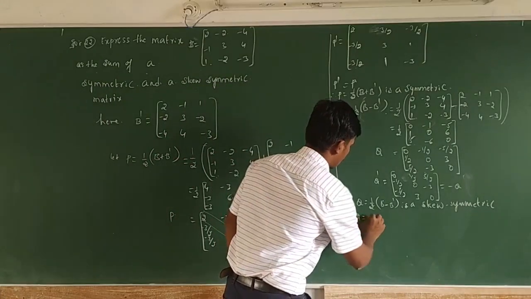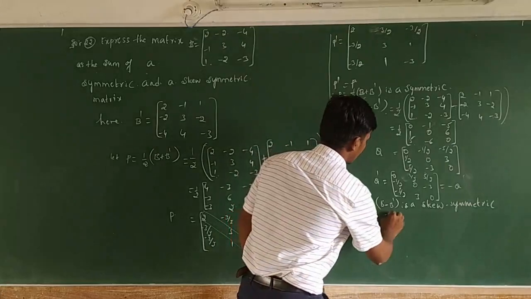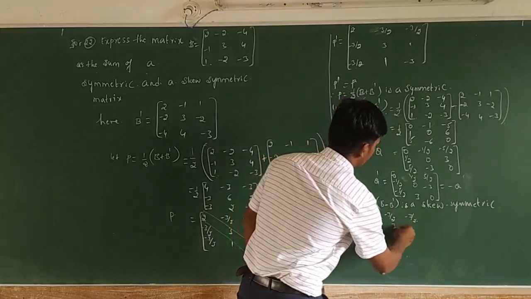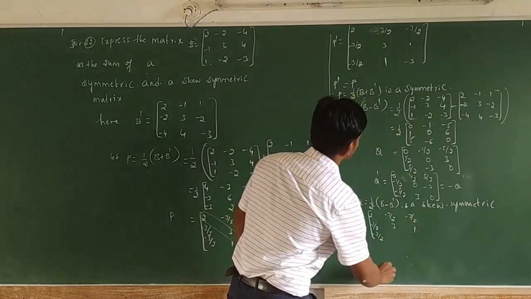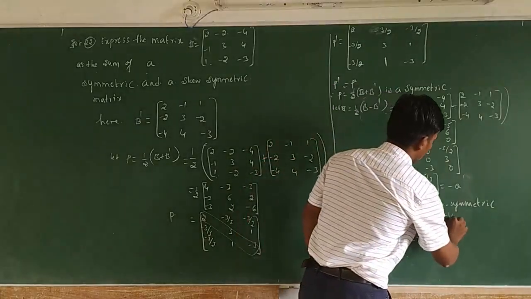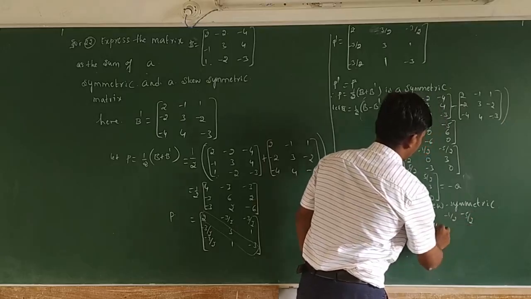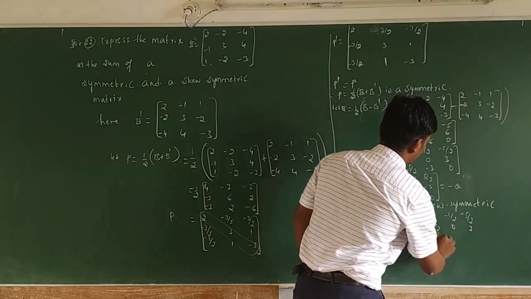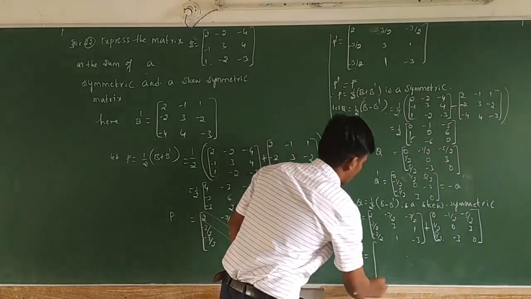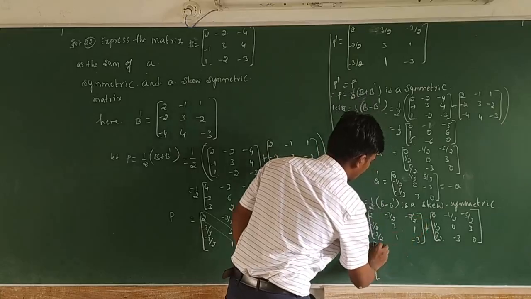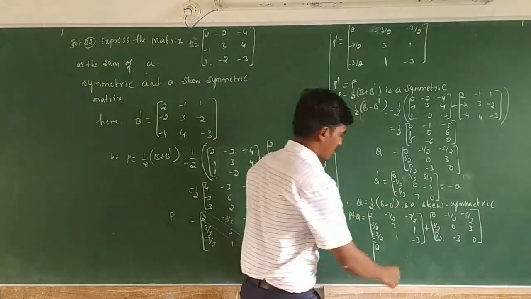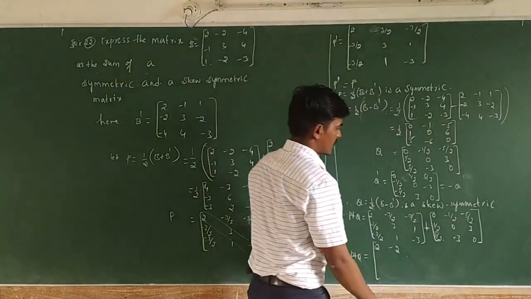Therefore P plus Q is equal to: 2, -3/2, -1/2, so -1, -1, -4 we get. -4/2 is -2, -3, -1, -3.